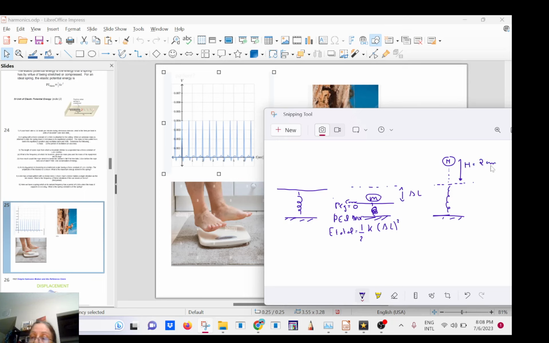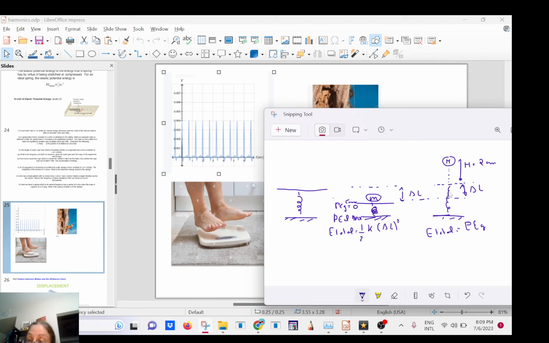So you have to convert that to meters. And that's your delta L. So the total energy here is only equal to the gravitational potential energy, because the spring is not stretched.